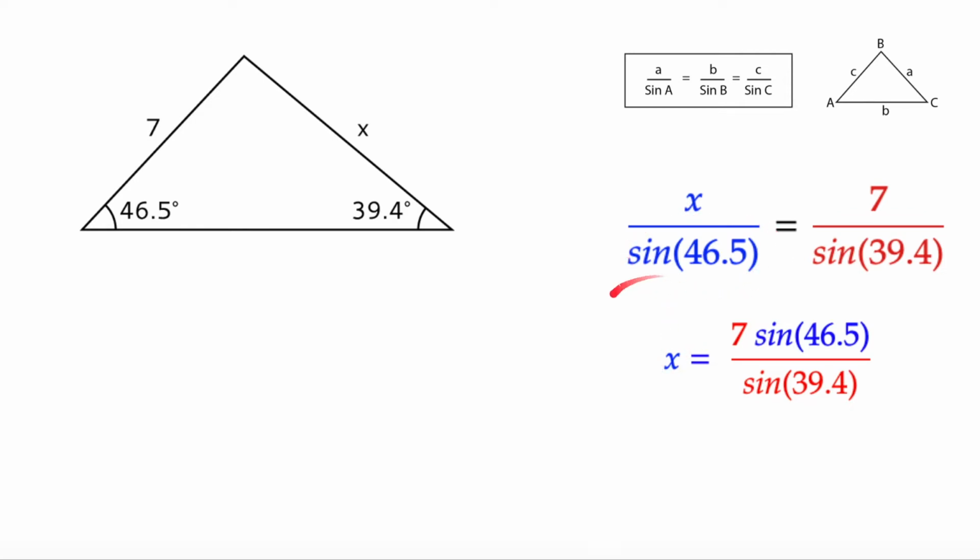We take this sine and multiply it, so it cancels this, but it multiplies with the 7, causing it to go up here. Then we insert this into the calculator, which will give us x approximately equals 7.996, which you can round up to 8.